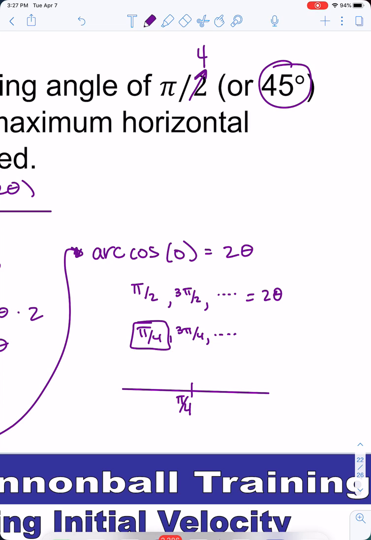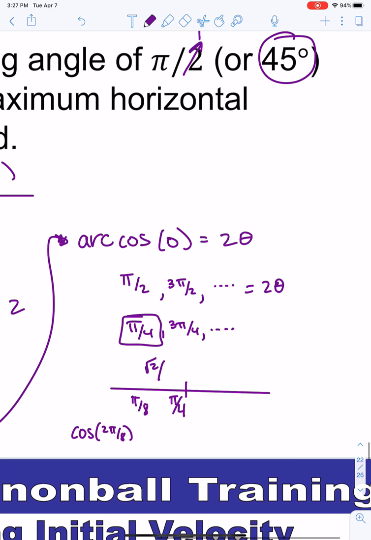You can double check that it's a max by saying pi over 4 is here. You could check, for example, pi over 8. You do cosine of 2 pi over 8, or cosine of pi over 4, which gives you square root of 2 over 2. Then try cosine of 2 times 3 pi over 8, which is 6 pi over 8, or 3 pi over 4, which gives you negative square root of 2 over 2.